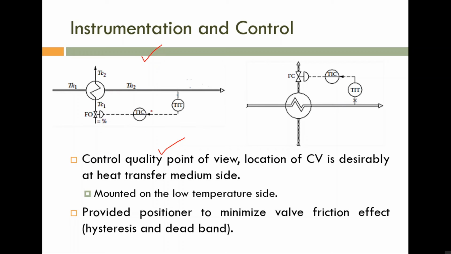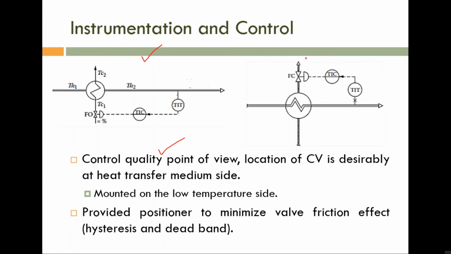Before that, I told you that as we are manipulating the heat transfer medium on this side, even if the temperature is small compared to the other side, we can expect some thermal expansion here.